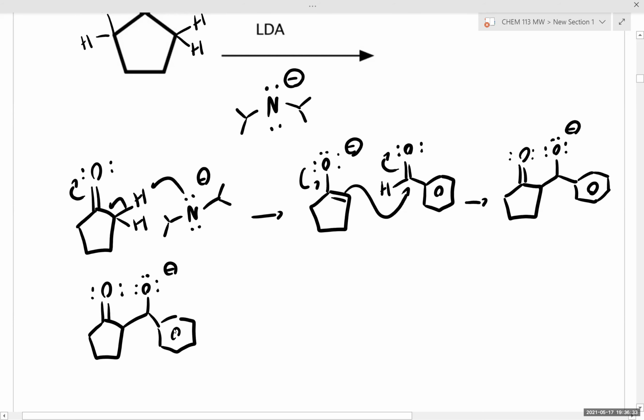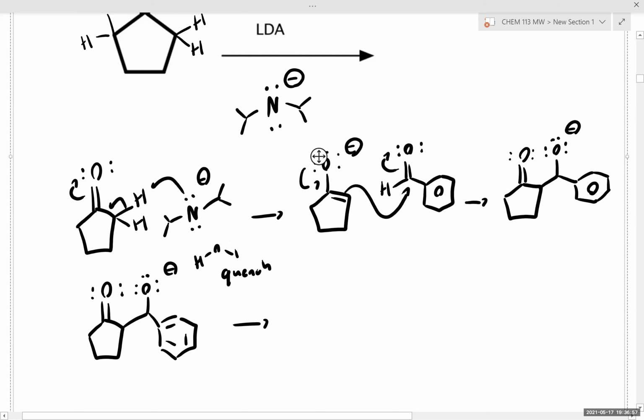So if we want to get the neutral beta hydroxy ketone product, well, if we're quenching this reaction, during the quench step, if we quench this reaction with mild acid or with water, that in turn will give us our desired beta hydroxy ketone product.